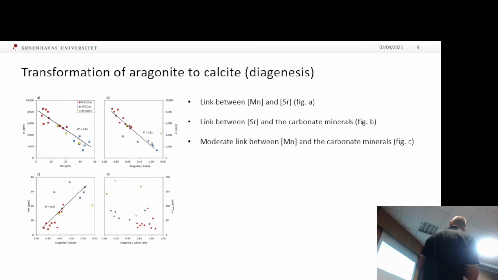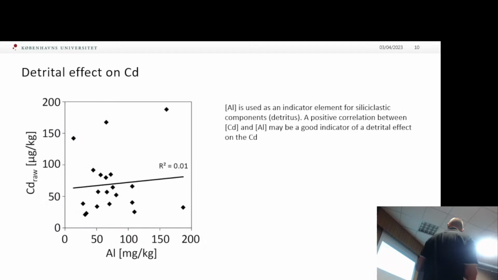I did the same with the manganese on the y-axis and aragonite calcite on the x-axis, and there's also a link between them. But there's no direct link for cadmium, except for you can see that there is a small minor enrichment in cadmium in the calcite-rich samples compared to the aragonite-rich samples.